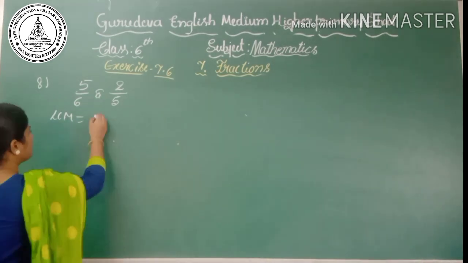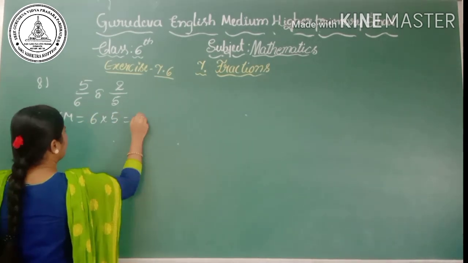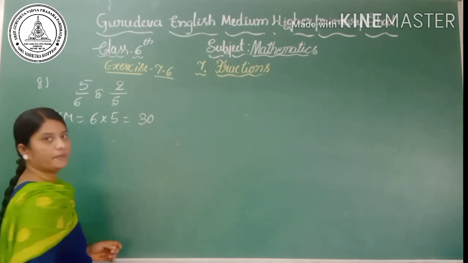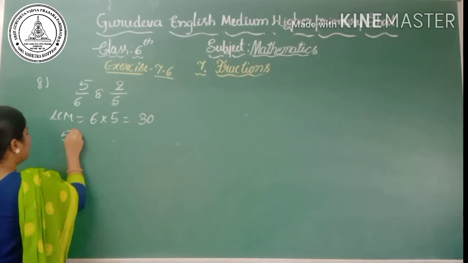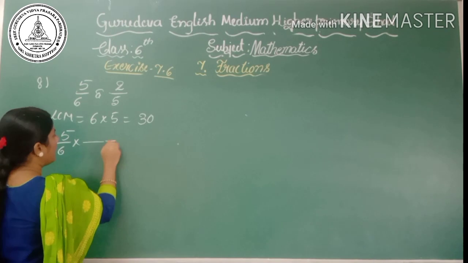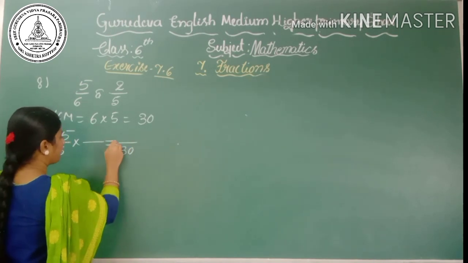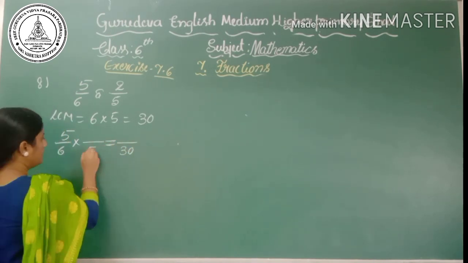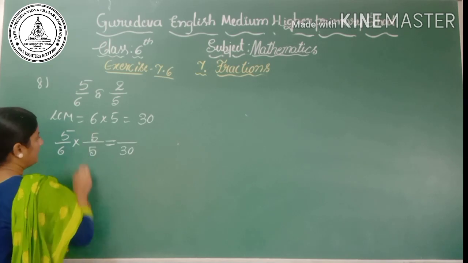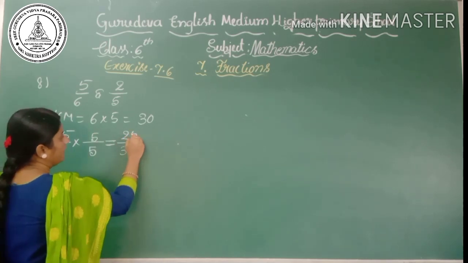Therefore LCM is 6 into 5, that is 30. Write the first fraction and make the denominator 30. 6 how much is 30? 6 5s are 30. Then 5 5s are 25.